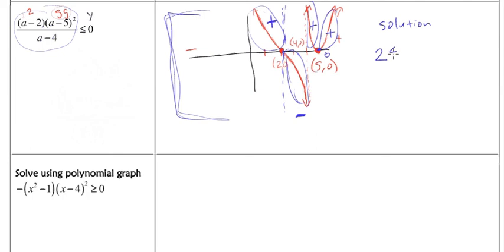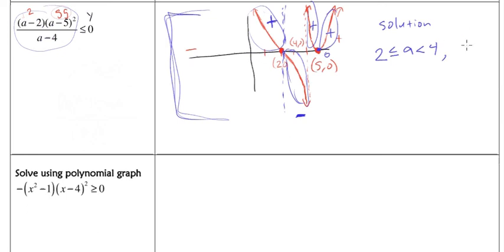So I've got 2 is less than or equal to a, because as I go past 2, now I'm in parts that give me negative, and this is what I want. So 2 is less than or equal to a, which is less than 4, because once we get to 4, it's no longer negative, and it's not 0 either. So right at 4, that's why there's no or equal to, because 4 is our asymptote. We can't plug 4 in. So that's the first part.